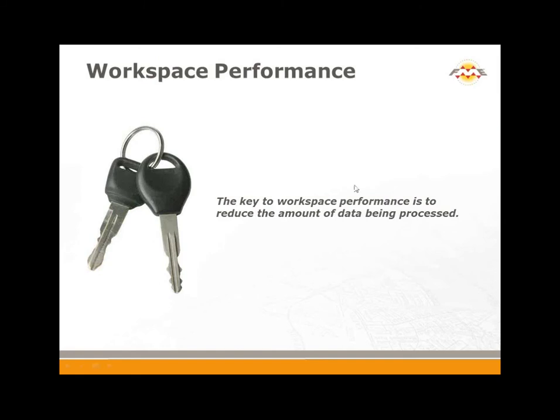Okay, so what I'm going to talk about today is workspace performance, and if it's not being too obvious, the key to workspace performance is trying to reduce the amount of data that you're handling. I don't mean your source data, I mean the amount that we're passing through FME and how we process it.